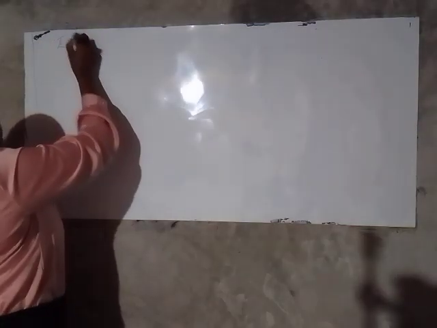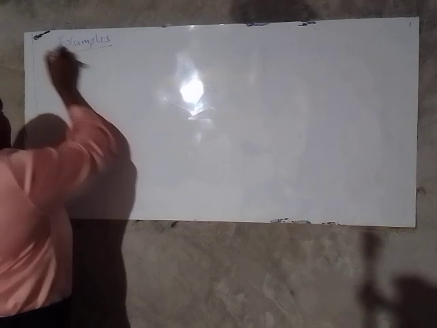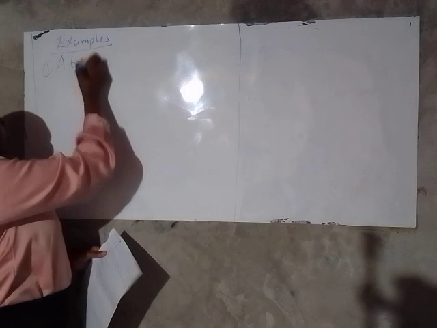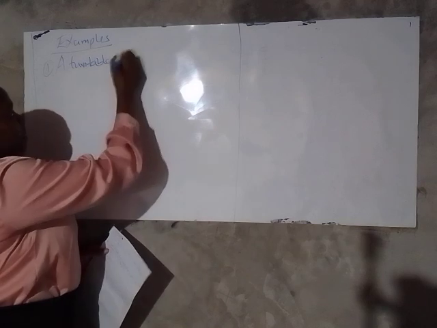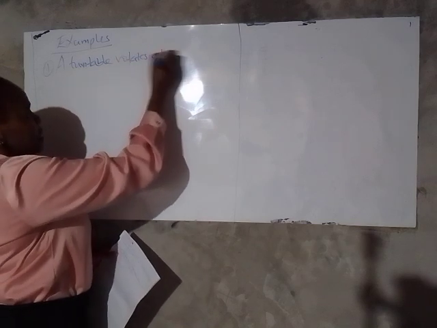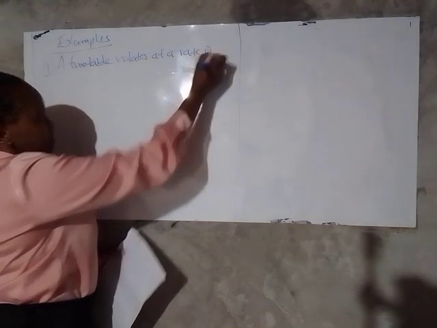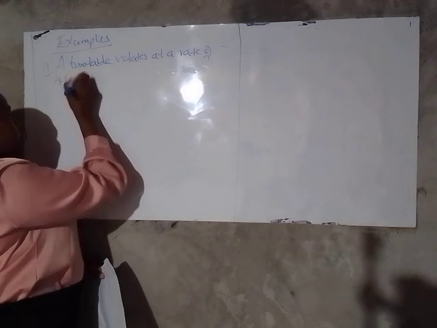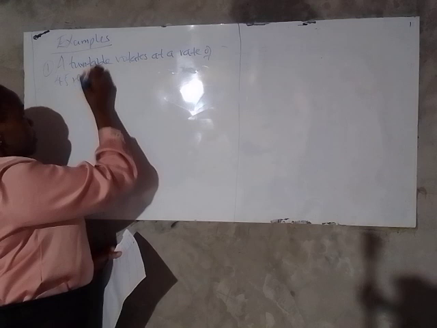Okay, so we're going to look at examples. Number 1, let's do the first one. A turntable rotates at a rate of 45 revolutions per minute.